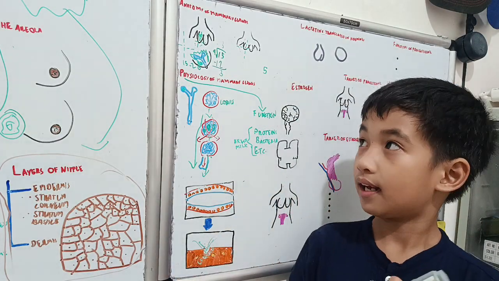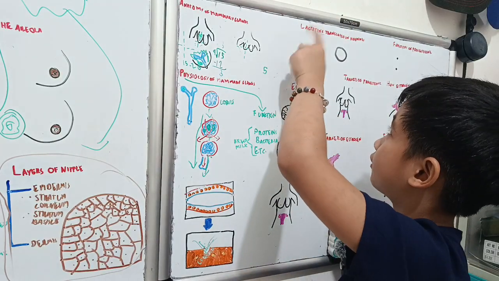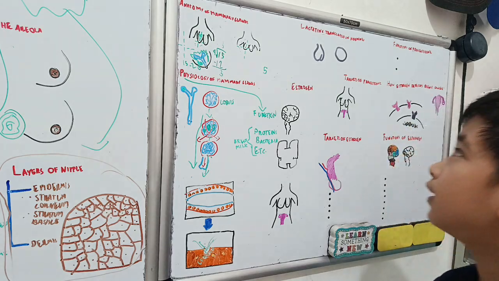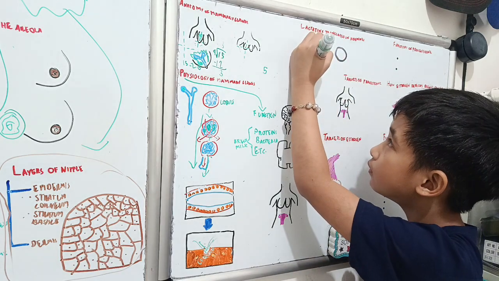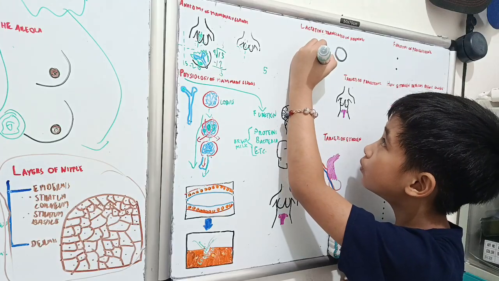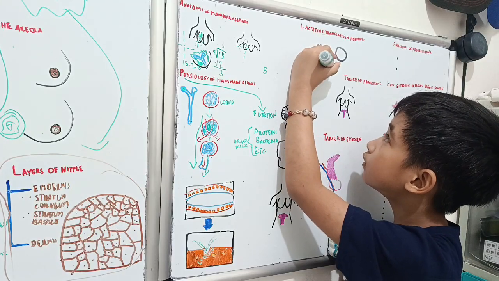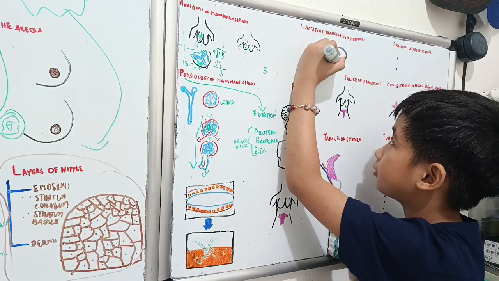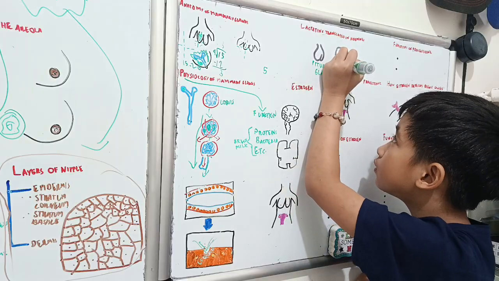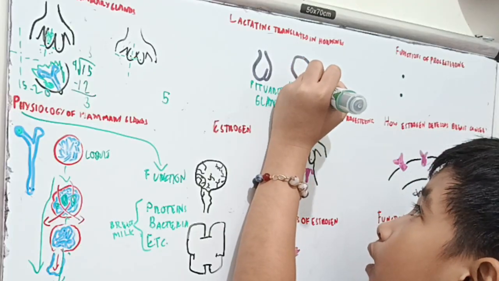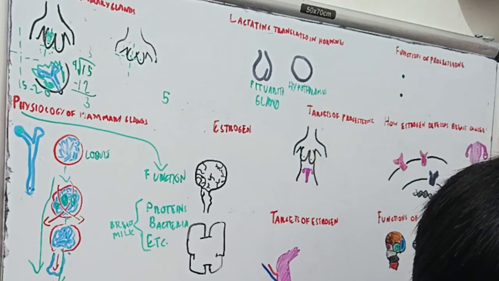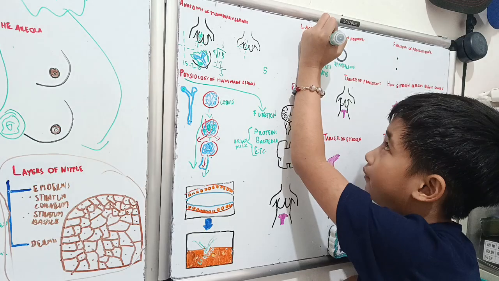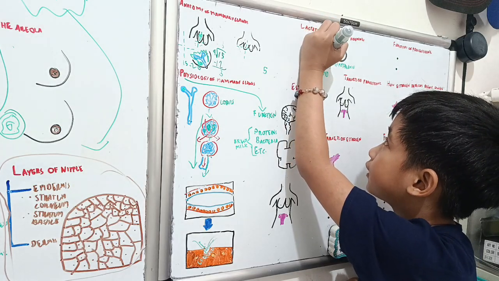Okay. Now let's talk about the lactation and hormones. Let's say this is the pituitary gland, and this is the hypothalamus. Here, the pituitary gland gives the hypothalamus some PIH. Now it's actually on right now.